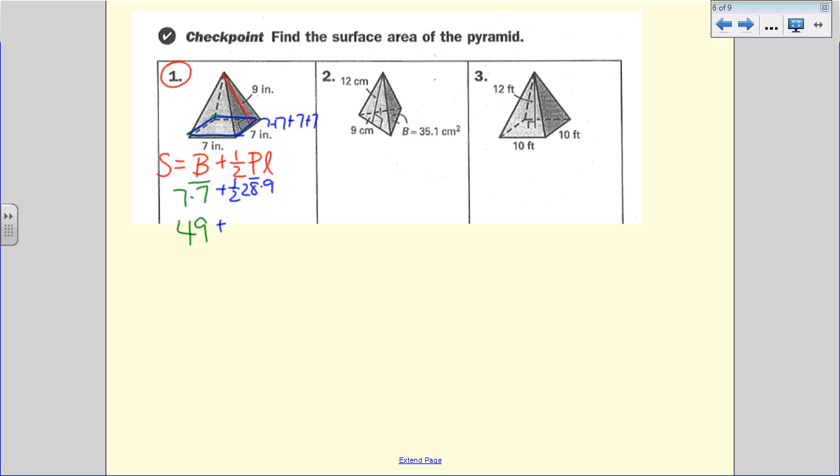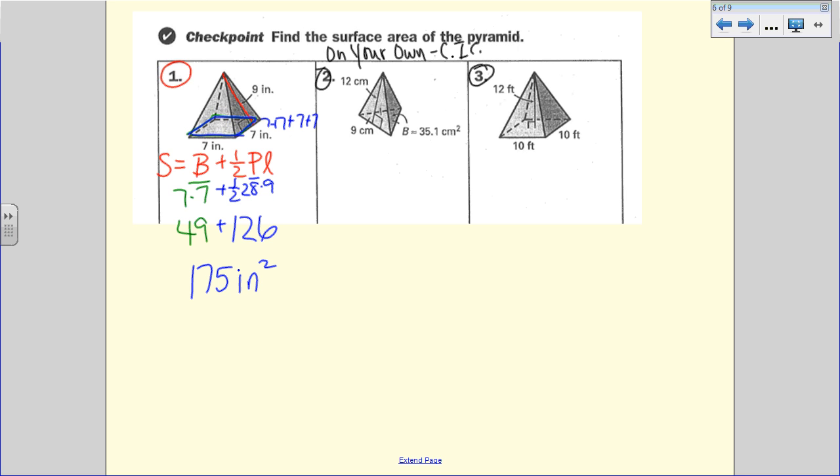So I'm going to do 1/2 times 28 times 9 is 126. And so when we add those two together, we get 175 inches squared. You guys are going to do number 2 on your own. And we will check in class.